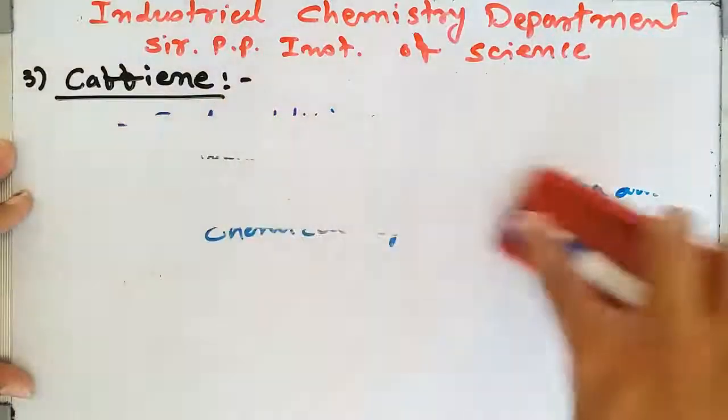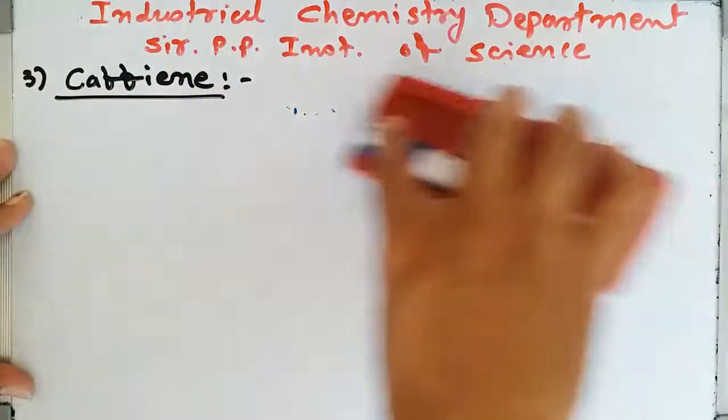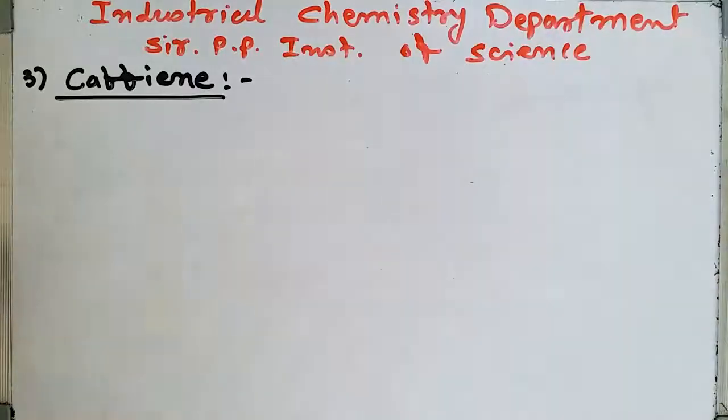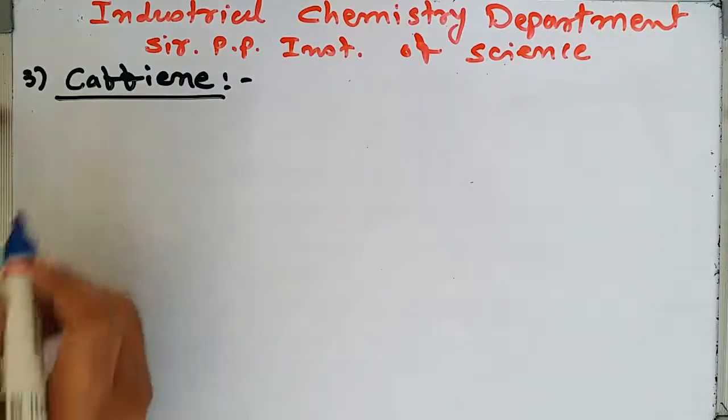Caffeine is industrially manufactured from urea by this synthetic route. There are several synthetic routes, and one of them is from urea. We discuss here the synthesis of caffeine from urea.